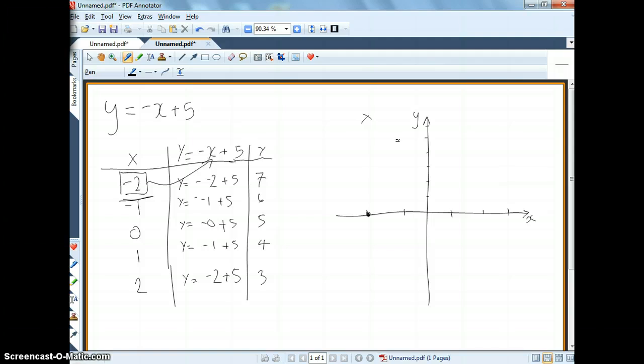In your maths book. Minus 1, 6. Here's minus 1. Here's 6. 0, 5. Here's 0. Here's 5. 1, 4. And then 2, 3. And you'll know if you've done it right by what? Okay, use a ruler.